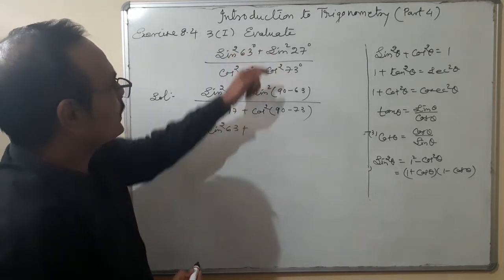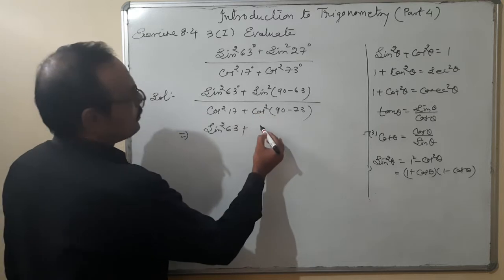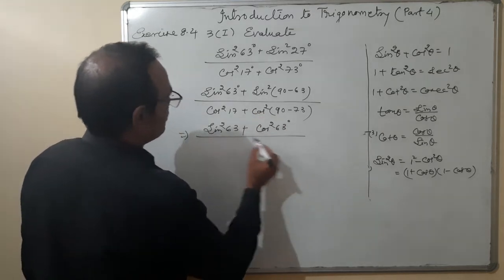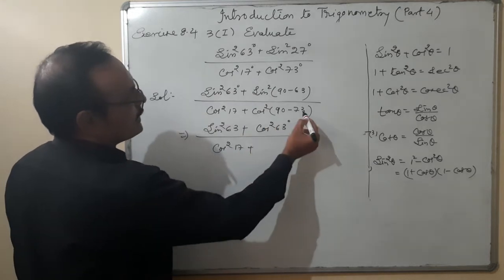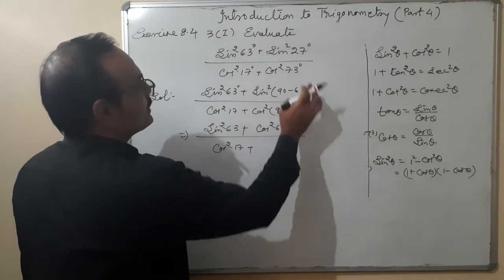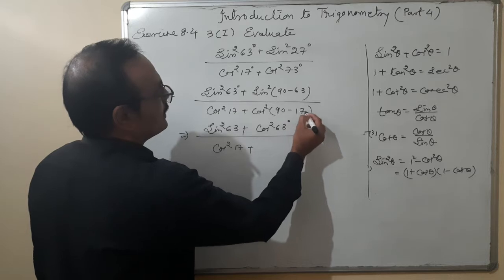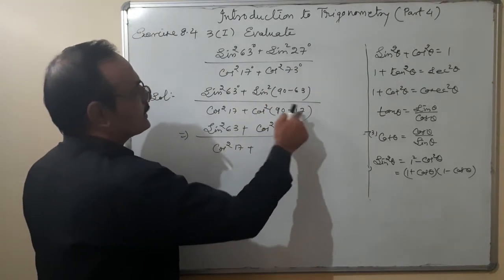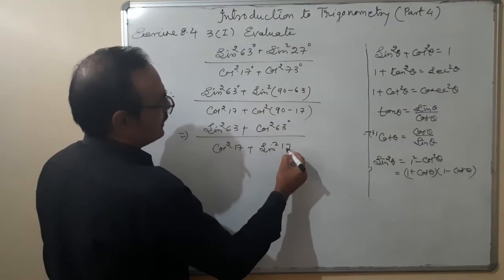You forget this square, sin 90 minus theta is cos theta. So I write here cos square 63 upon cos square 17 plus cos 90 minus 73. Sorry, 73 I have written, 90 minus 17, only then 73 is coming. So cos 90 minus 17, that is sin 17, sin square 17.